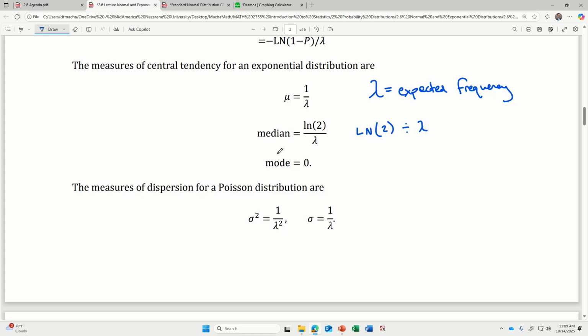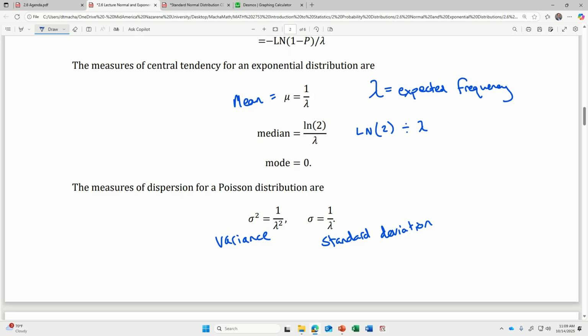Then the measures for dispersion, that is the variance and the standard deviation. Well, the exponential distribution has an interesting property where the mean of the distribution and the standard deviation of the distribution are actually the same number.